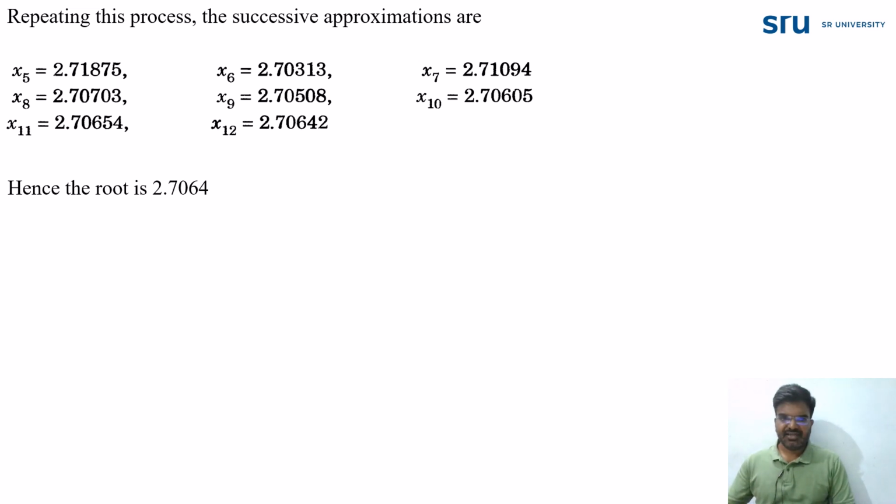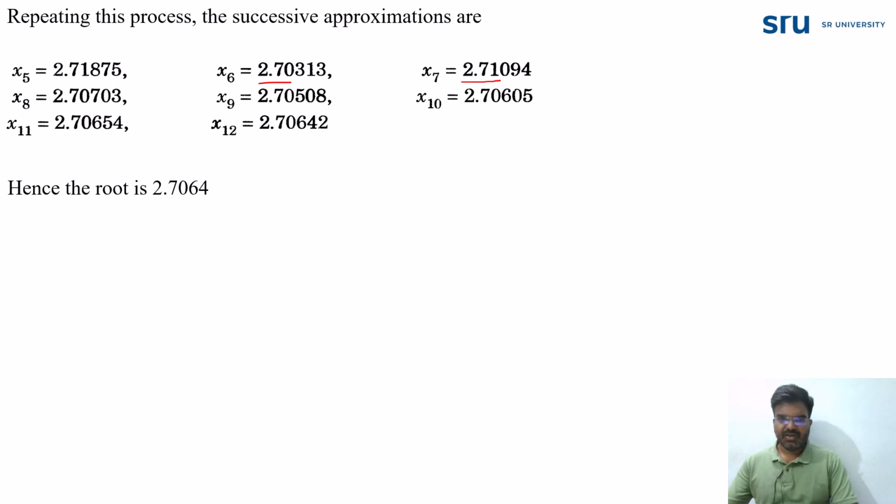Suppose if you see here in x5 and x6, you can see 2.71, 2.70. This is same up to 1 decimal place. If you compare x6 and x7, 2.70, 2.71, again it is same up to first decimal place.